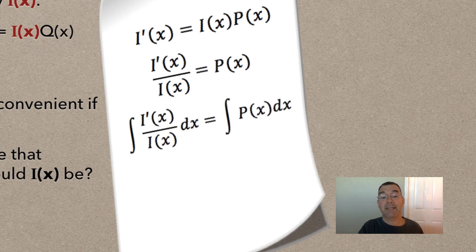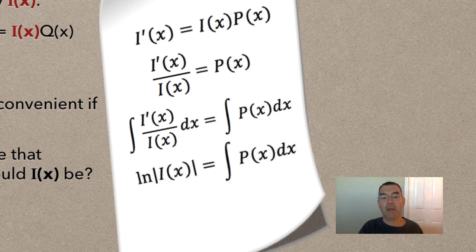And then if I find the antiderivative of both sides, I look at the left-hand side and I notice that I've got a function that has the derivative on top and the original on the bottom. Well, I know from my work with derivatives and antiderivatives that that has to be the natural log of I of x. And then without knowing what that p function is, I know that the antiderivative will just be the antiderivative, and I'll have to figure that out.